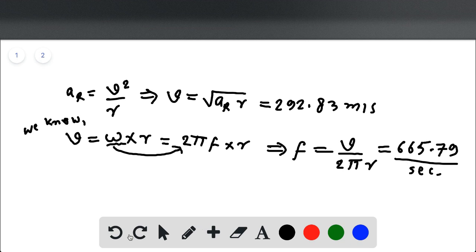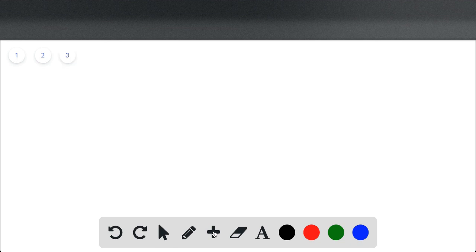Let me rewrite this one: 665.79 revolutions per second. But we want to find this value in terms of revolutions per minute, right? So that means we should convert that to revolutions per minute.